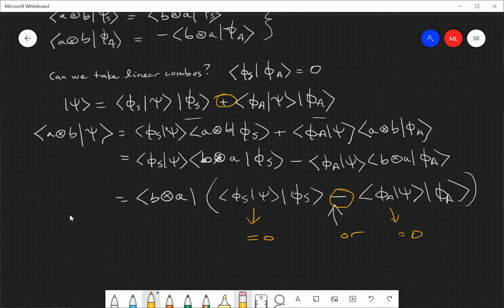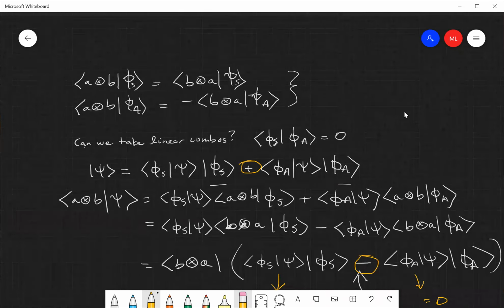So you can't transition between the two kinds. It means you have very strong selection rules. If you start with a symmetric state, you're not going to end up in an anti-symmetric one, and vice versa. All your states are going to be classified as either bosonic or fermionic, and that includes all of the degrees of freedom. It gets even more interesting when you have spatial degrees of freedom along with spin degrees of freedom. That's what we'll be considering.